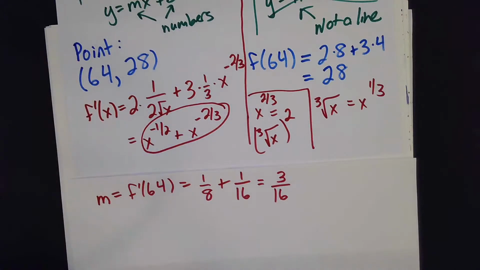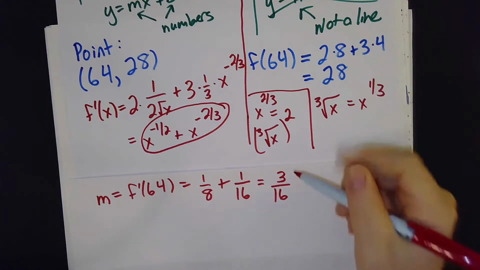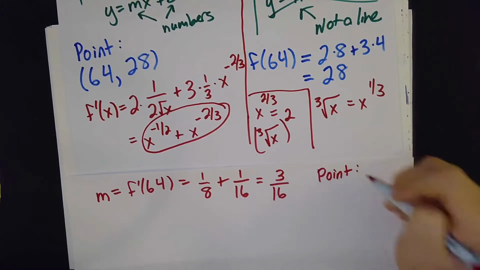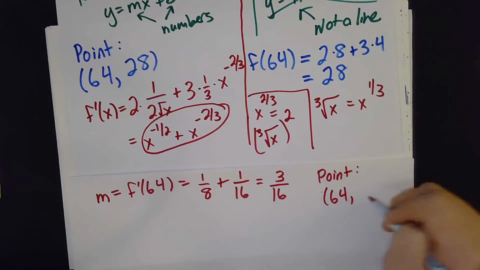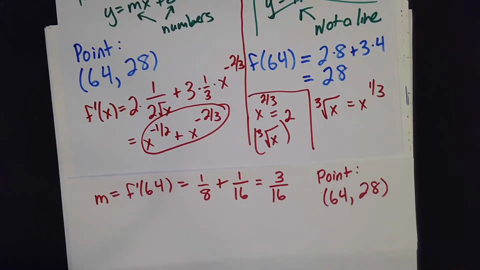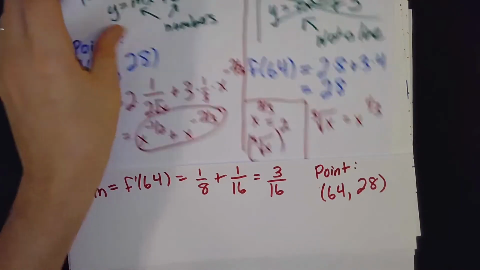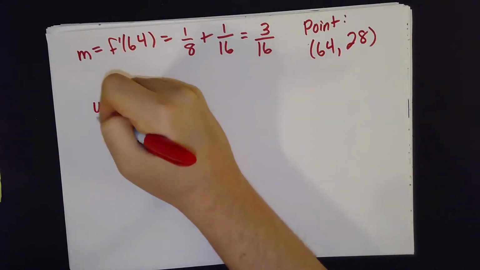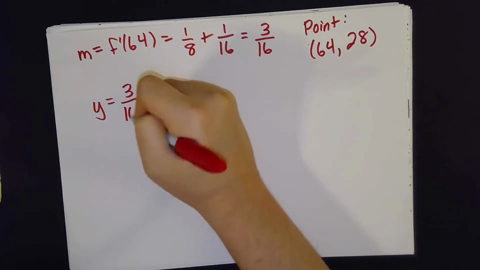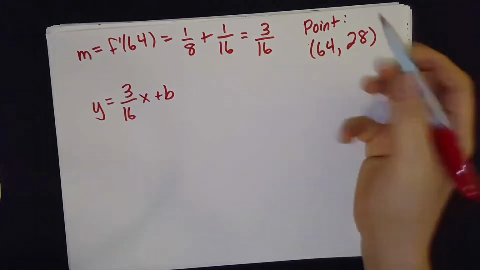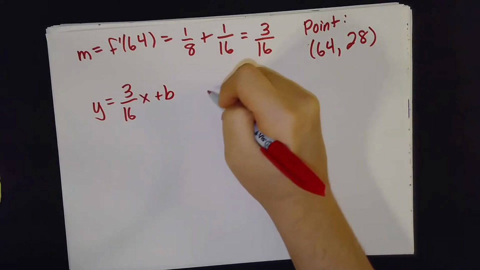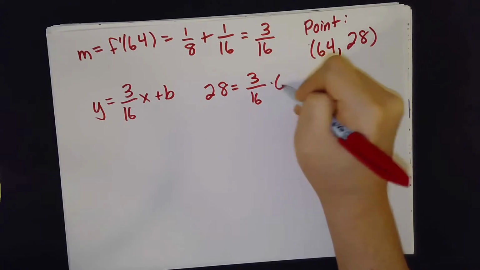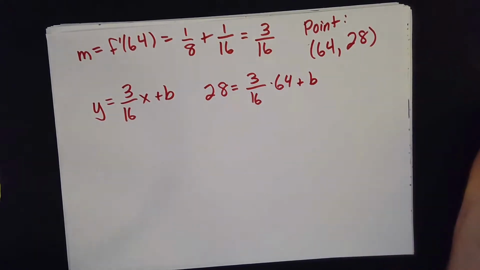Okay. So I am looking for the line that has slope 3/16 and passes through the point (64, 28). And so I set this up as I'm used to, which is to say, okay, it's going to look like y is 3/16 x plus b. I'm going to plug in this point, which is going to give me 28 equals 3/16 times 64 plus b.